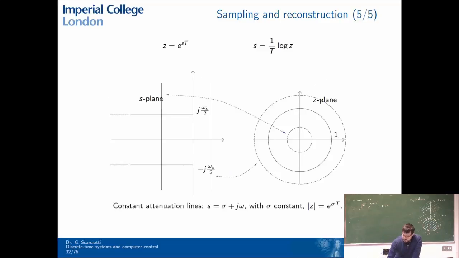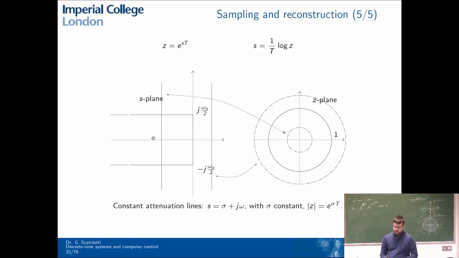The next set of characteristics that we see are constant attenuation lines. So constant attenuation lines are vertical lines in the S-plane. Why are these important? These lines are important because we know that if, for instance, we fix this line, all the poles that belong to this side will produce a response that is lower than the poles that are on the left side of this line.